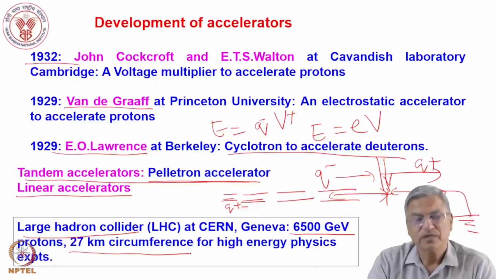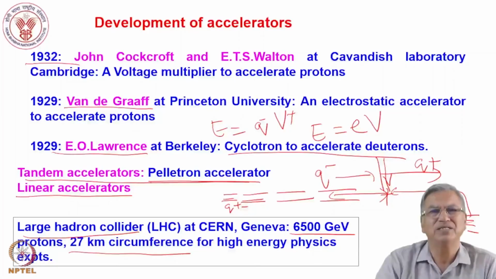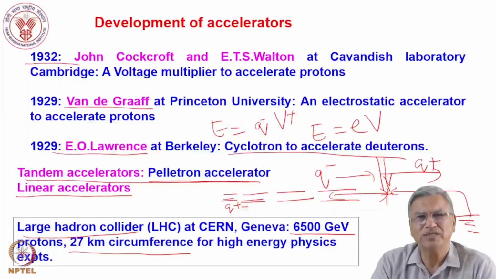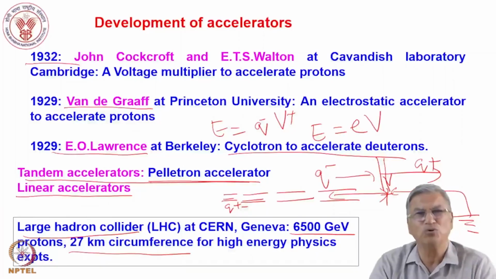The subject of accelerators has advanced so much that, particularly in the high energy physics domain, there has been a need to develop high energy accelerators so that you can create different particles. It is called a proton-proton collider.